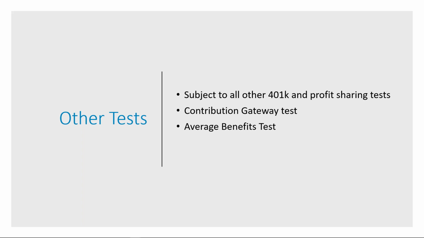That's the typical safe harbor match that people pick. There is another safe harbor provision that people can use. It's called a 3% non-elective.